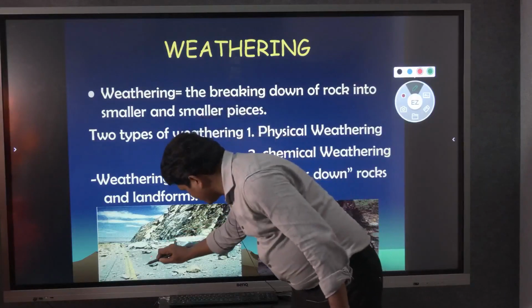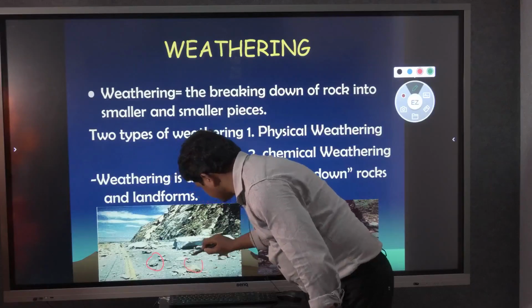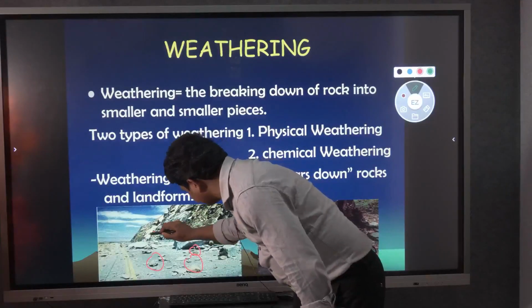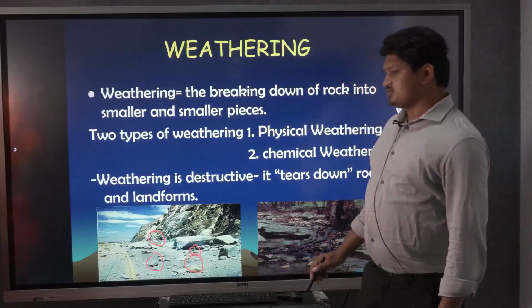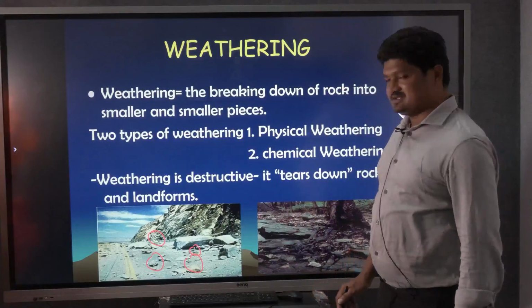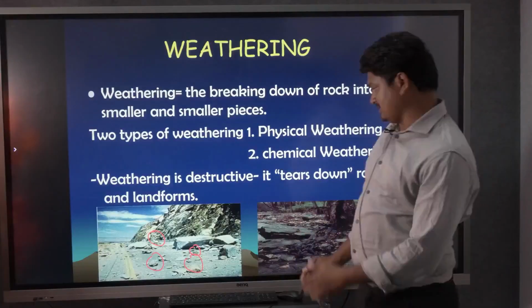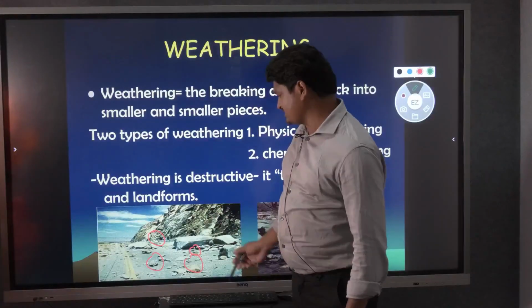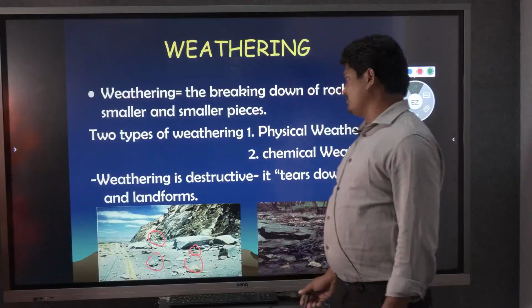At the bottom of the rock we see small pieces, due to atmospheric agents, either the river process in a river environment, or in an aeolian environment, where wind action cuts the rocks down.